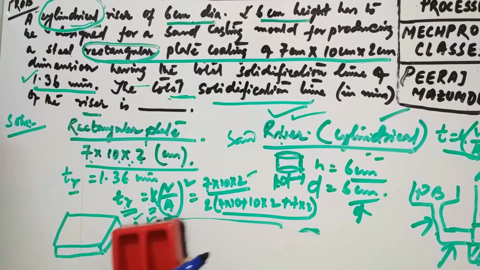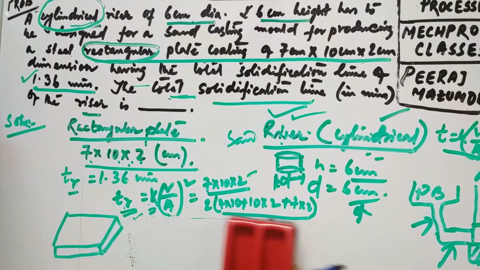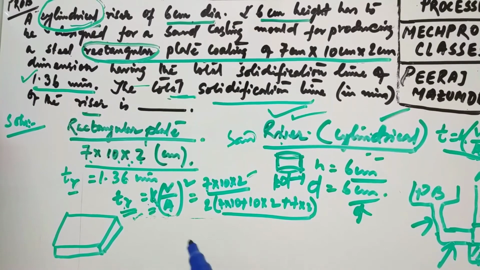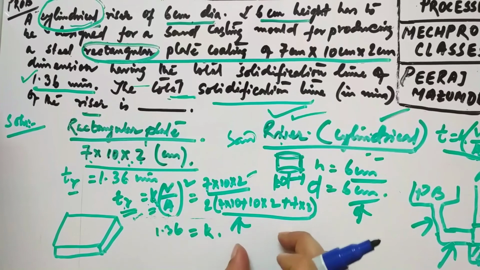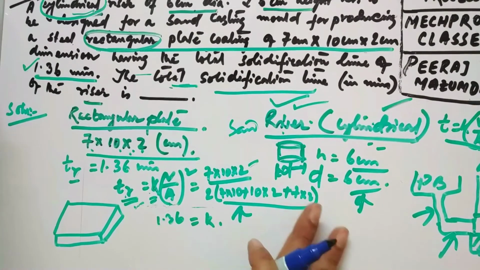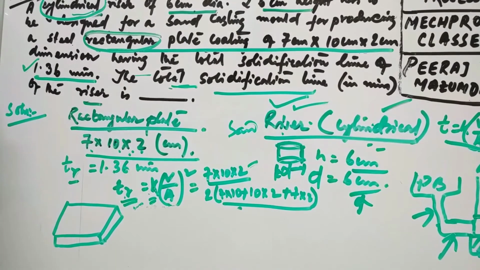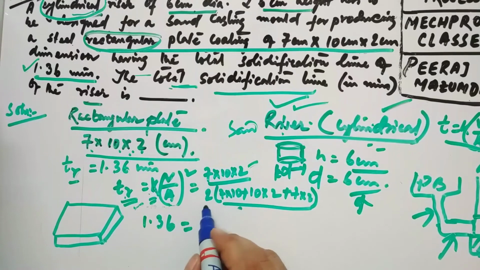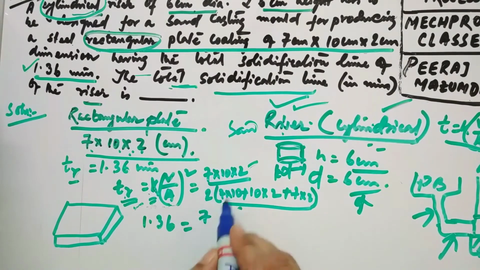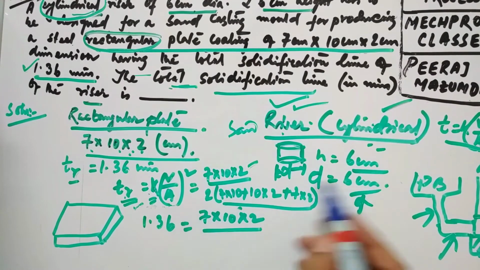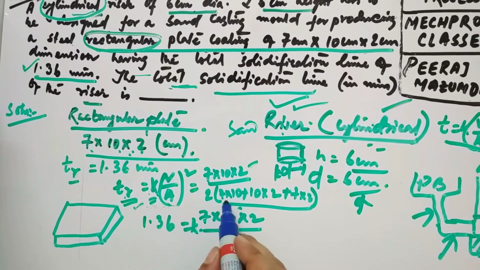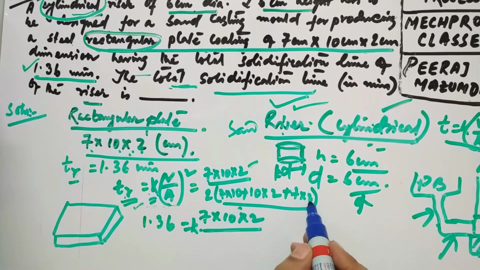If we calculate the value of this bigger one, how much will be coming? TR is given as 1.36 equal to K into this value. So we have TR equal to 1.36, and this will be K into 7 into 10, 70, plus 20 plus 14.